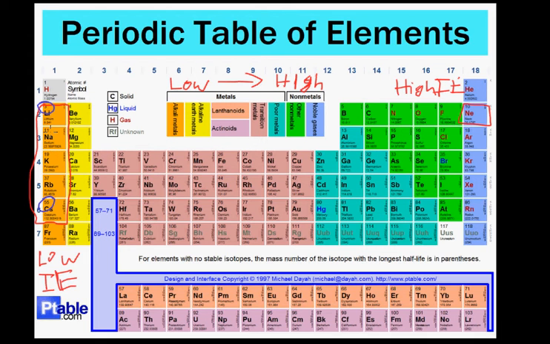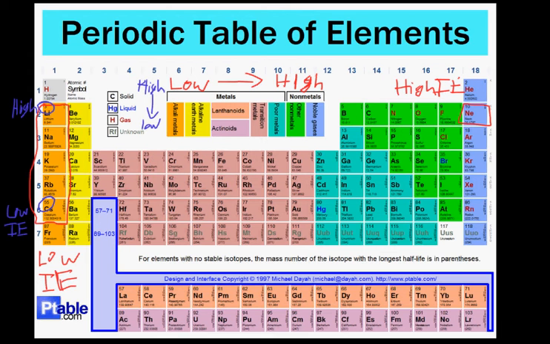That being said, up here in lithium, we'd have high ionization energy, whereas down here in cesium, we'd have low ionization energy. So the general trend from going to the top to the bottom of the periodic table is you're going from high ionization energy to low ionization energy.